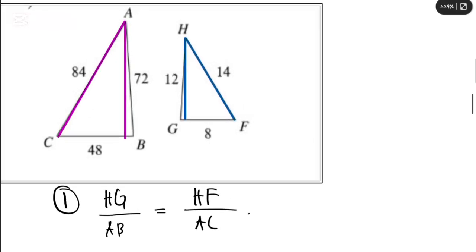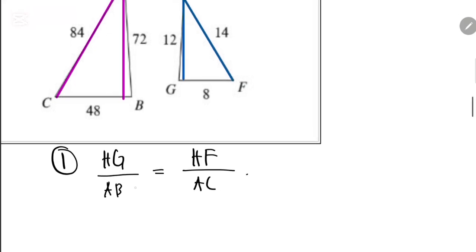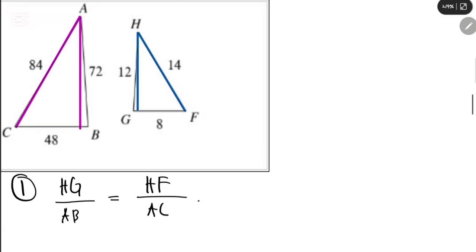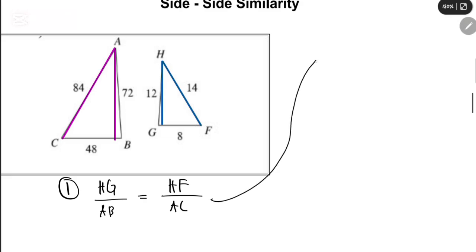So as long as you have the same ratio between, say, the small triangle to the big triangle, the ratio of the smaller one to the bigger triangle is the same for all the sides, that means that they're similar. Or the fraction could be flipped around, AC over HF and AB over HG, doesn't matter.